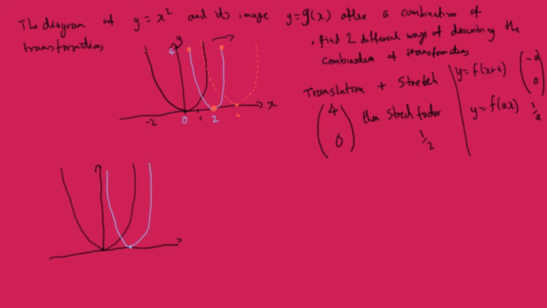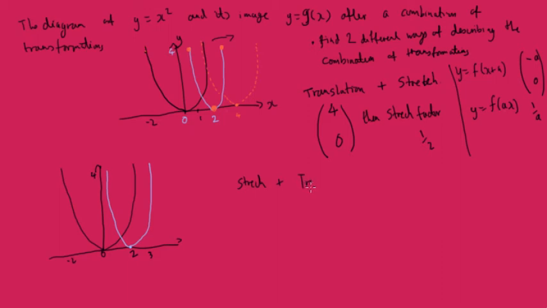There we go. So let's put some numbers on this. So that's there. That's at 2. Again, this is minus 2. The top's 4. And that's maybe 3.